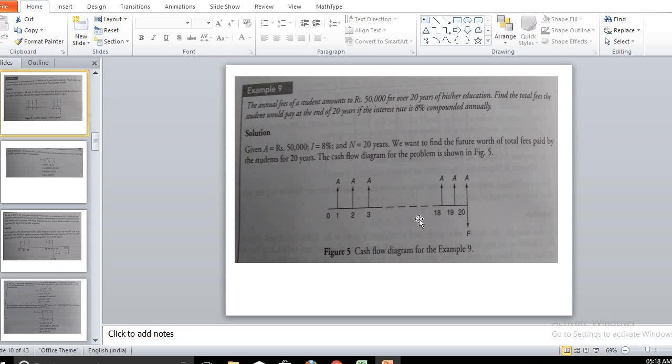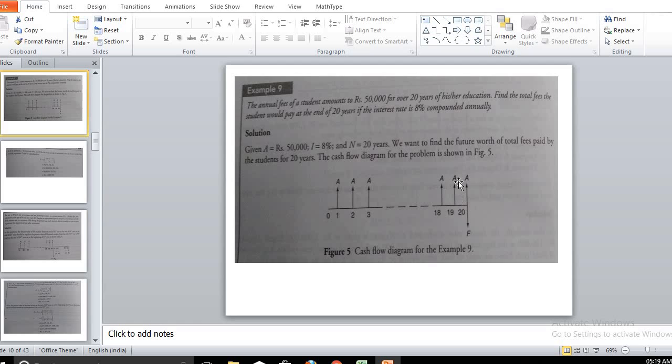This example is somewhat like an EMI example. In this example, each year the student should pay 50,000, and this goes on for 20 years.